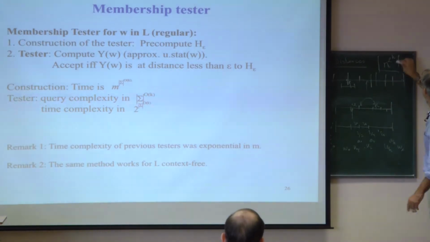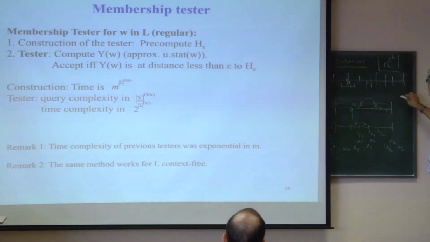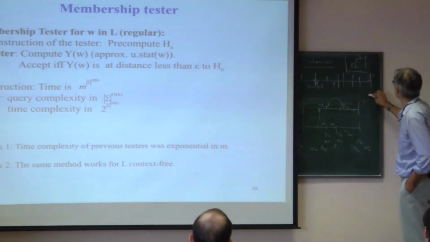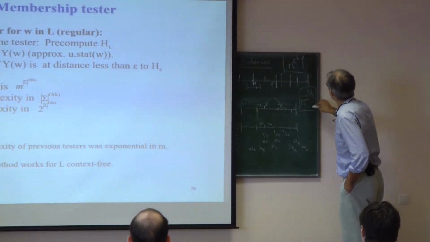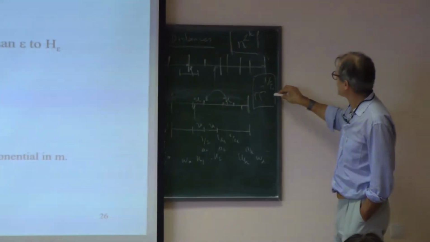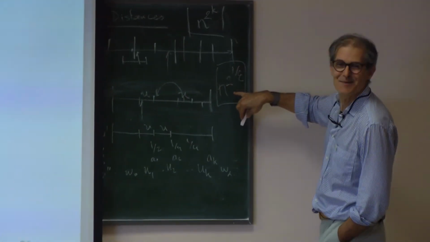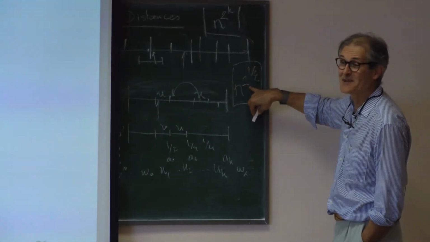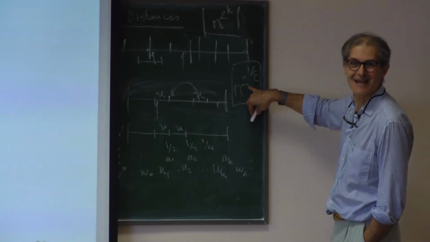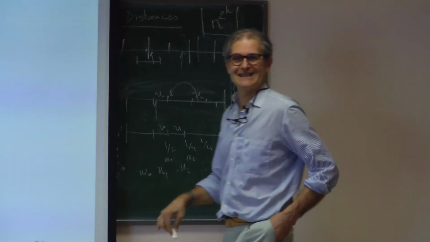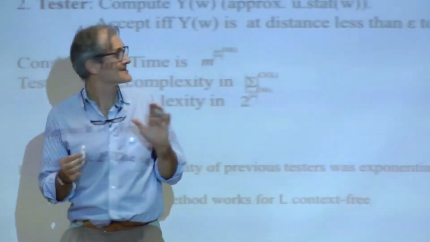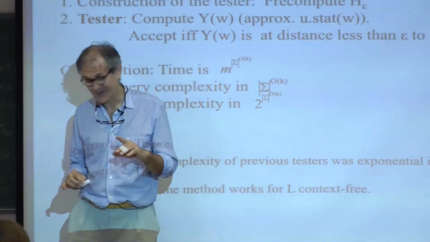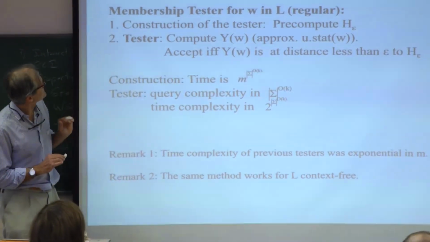Think of k as 1 over epsilon, so you're talking about n to the 2 to the 1 over epsilon. So your polynomial, true, but it has an exponent which is actually exponential in your precision parameters. For some people it's not so good, but it depends what you do.